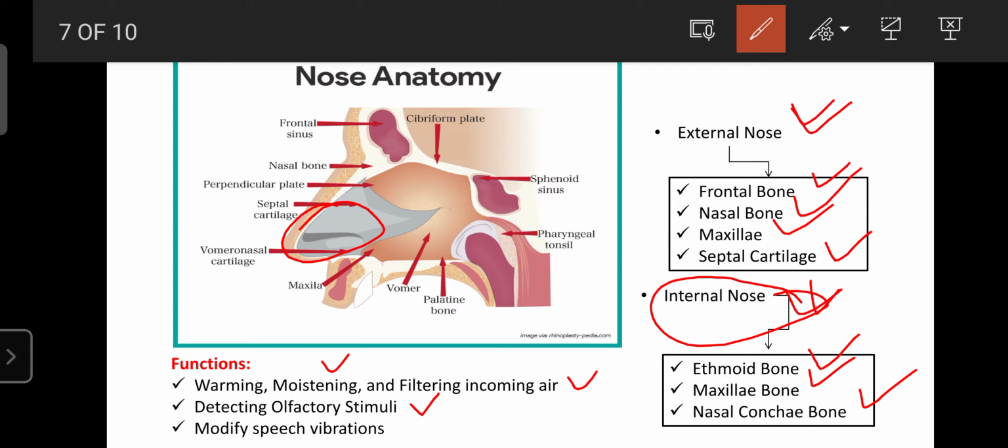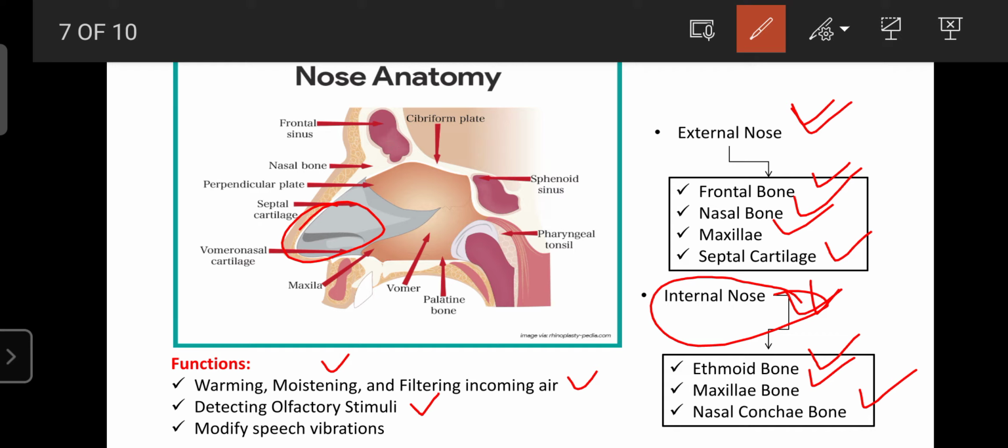Due to this arrangement, the nose is involved in the detection of smell, whatever we inhale from the environment. That is detected with the help of the olfactory nerve, olfactory bulb or olfactory receptors present in the nose.